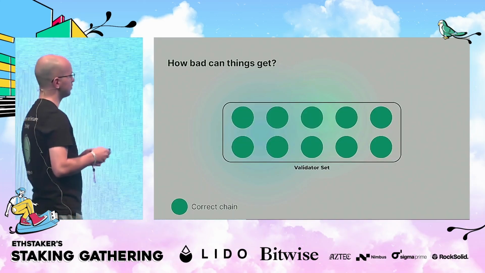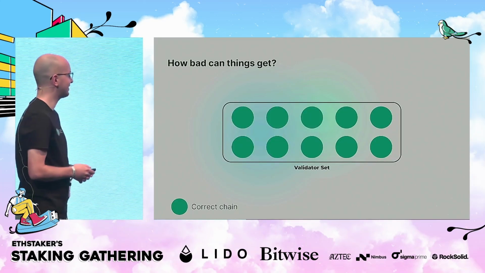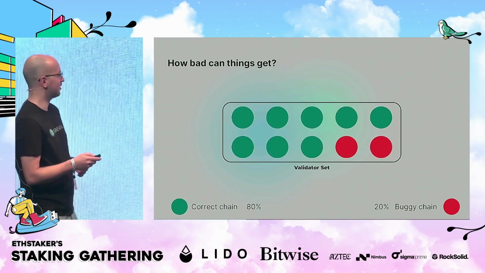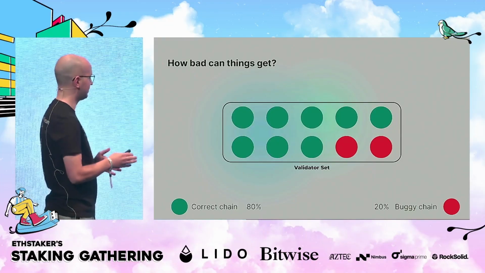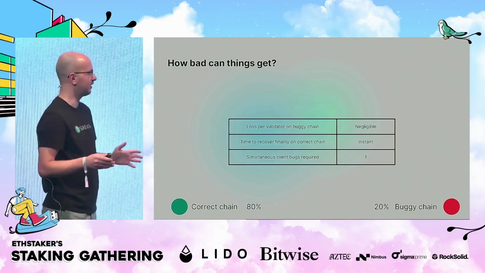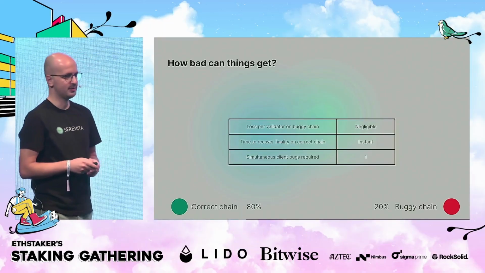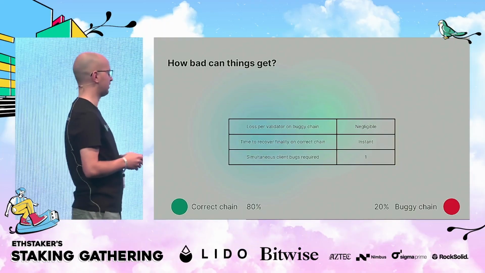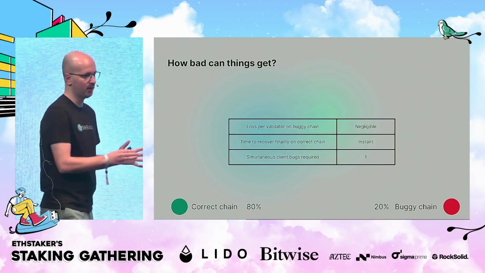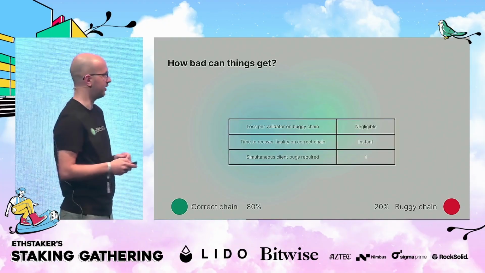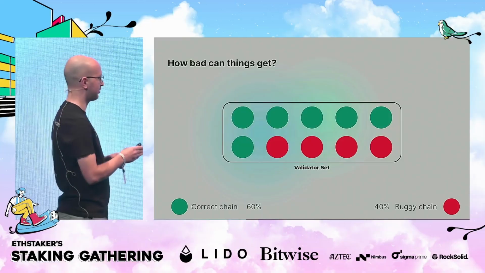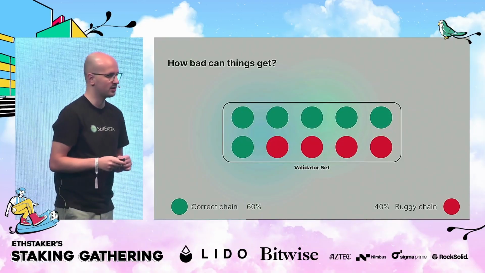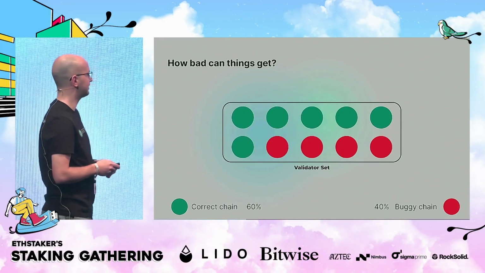But just to quickly review the different cases, in terms of how many validators vote for the buggy chain, if it's only about 20%, then the impact is negligible. The chain keeps finalizing, and basically nothing bad happens if the bug is contained to only 20% of the validators. But as soon as you start hitting larger numbers, 40%, then it already starts getting messy in certain edge cases.